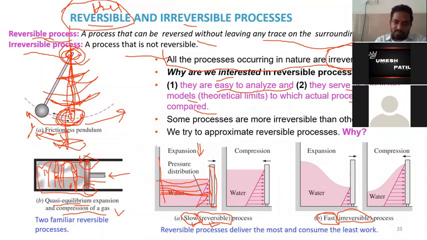Now, the steps or the stages in which I have added water to the system, now if I start taking out the same water in the same amount at the same rate, then what will happen?